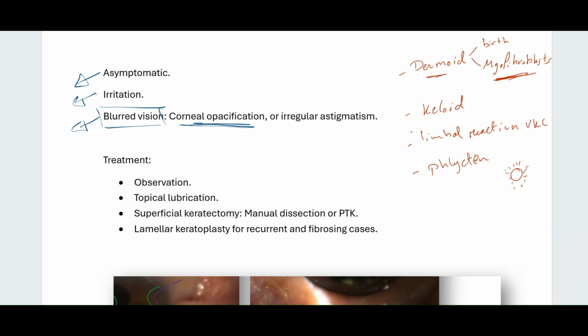And histopathologically, limbal reaction in VKC and phlycten contain inflammatory cells like plasma cells, lymphocytes, and eosinophils in VKC.